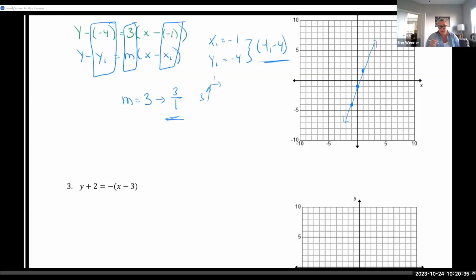That's not a lot of information, but what they're not telling you is that that's a -1 in front of the parentheses. So if you just see a minus in front of it, I want you to think of it as being a -1. So what I want you to do in number 3 is identify your slope and your point and send those to me, and then graph your equation, okay?